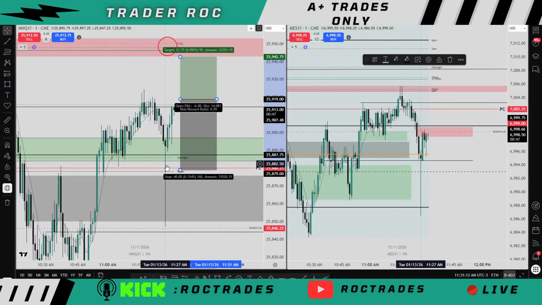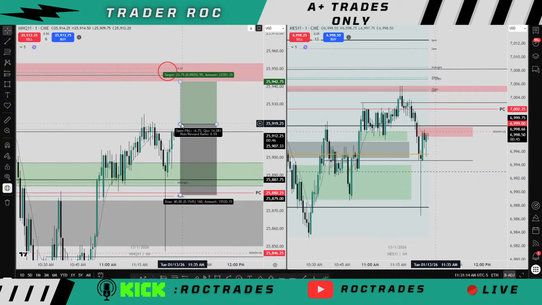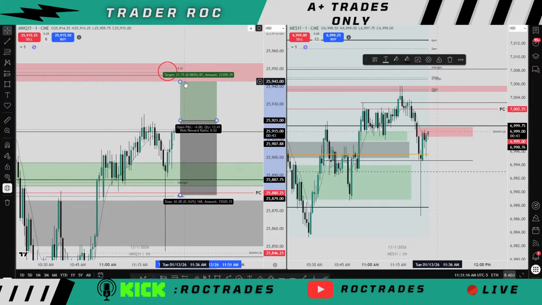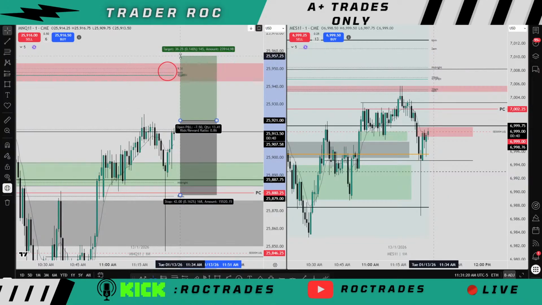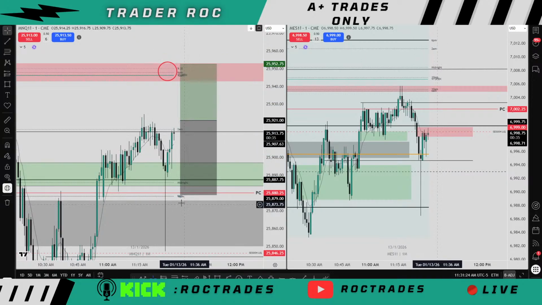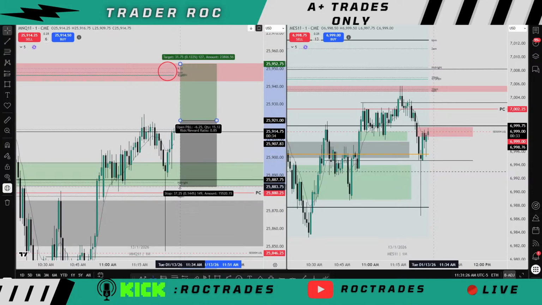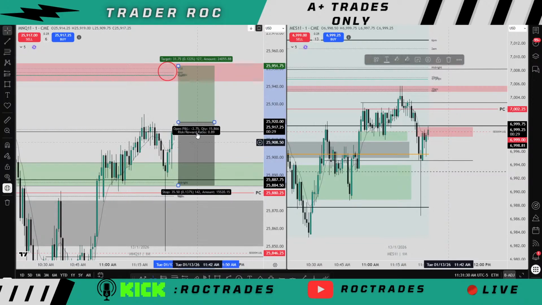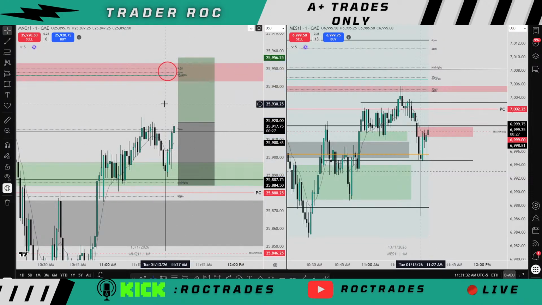This is the manipulation drive. A move back above here, maybe even 45 points, but you see, I can't even go that big on my stop, bro. I'm going to go like 35 points max because I want to be able to get out.